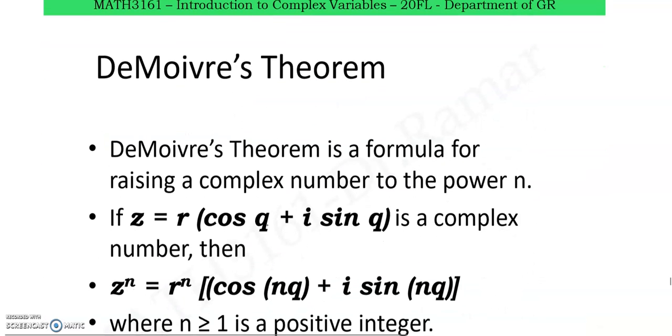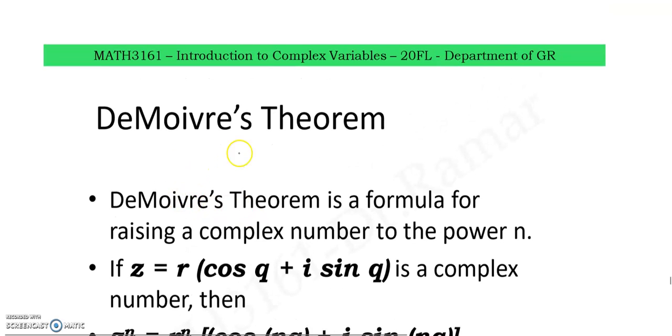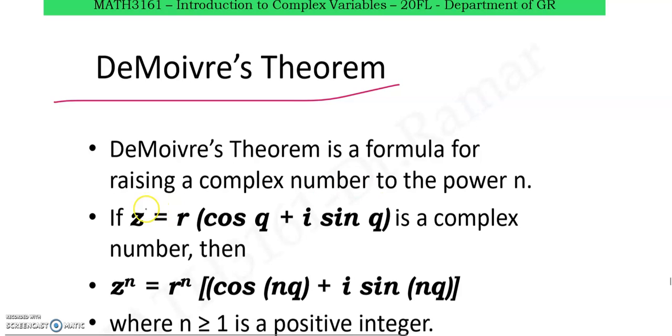Now we'll go to another theorem, de Moivre's theorem. Suppose the complex number in polar form is z equals r cosine q plus i sine q.